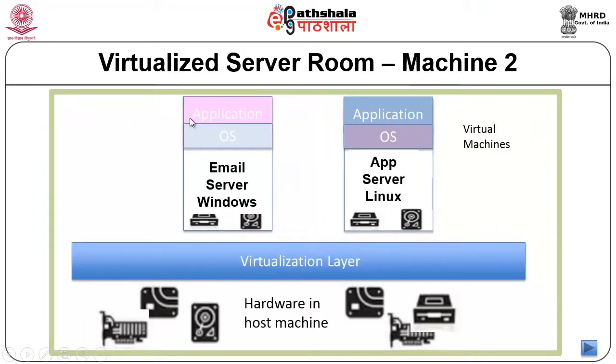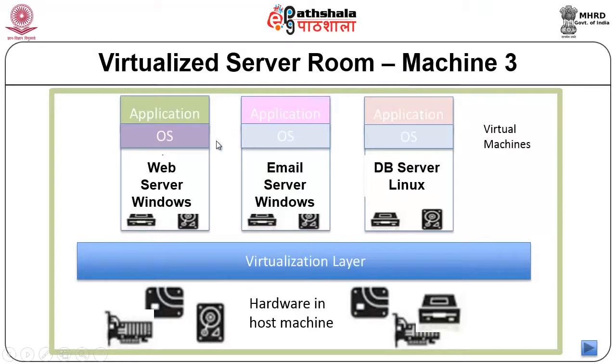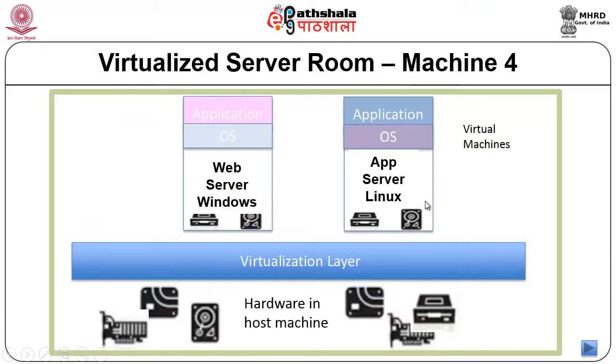Similarly, in machine 2, I am running 2, one is Windows and another is Linux. In machine 3, I am running 3, 2 Windows and 1 Linux, and in machine 4, I am running again 2. So, each machine now is capable of running all 4.